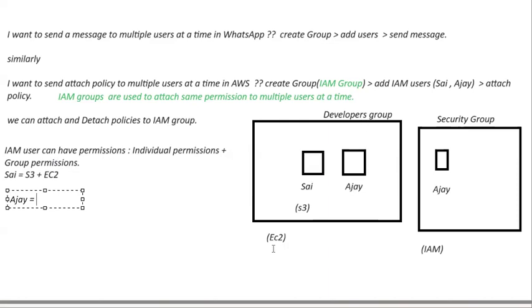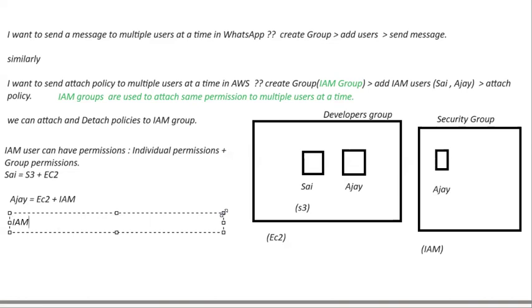From the developer group, he has EC2 permission, and from the security group, he has IAM permission. So can I say a user may be present in multiple groups? Yes. Same like WhatsApp, we can add one user to multiple groups. Can I say an IAM group is nothing but a group of IAM users? Yes. An IAM group is nothing but a group of IAM users. Let me write the point as well.